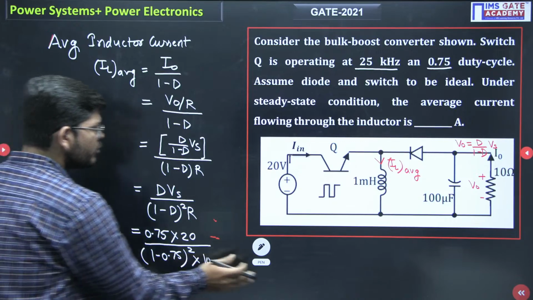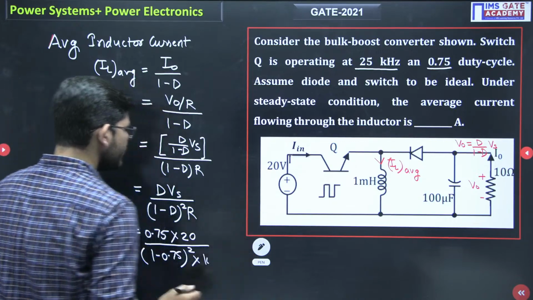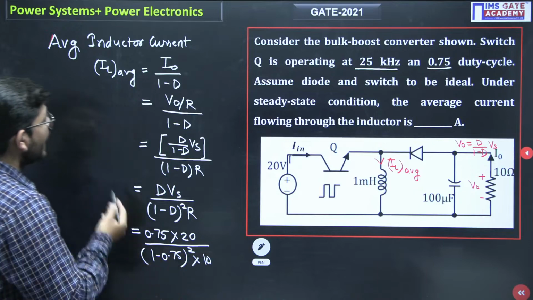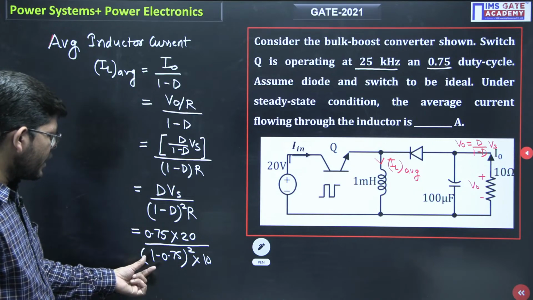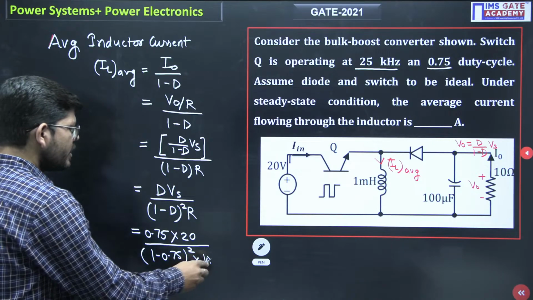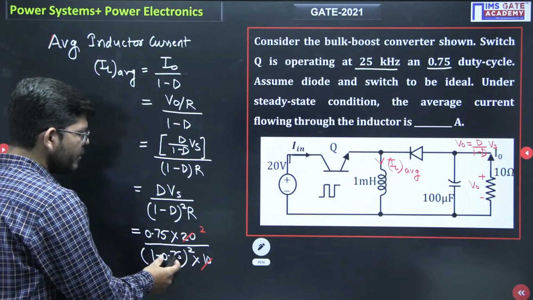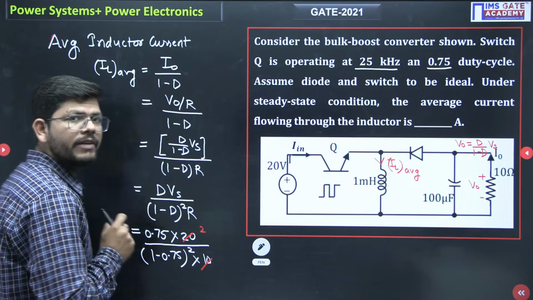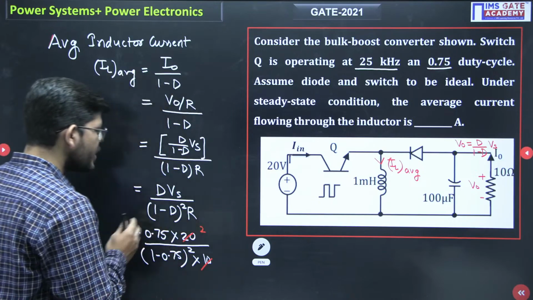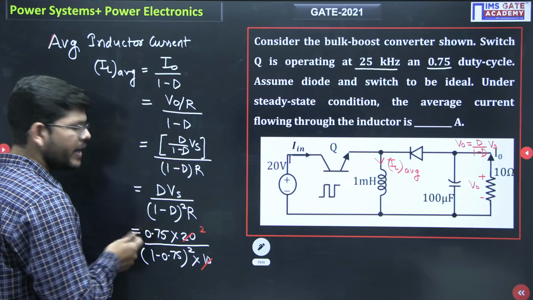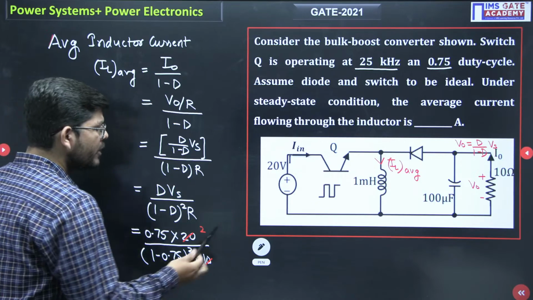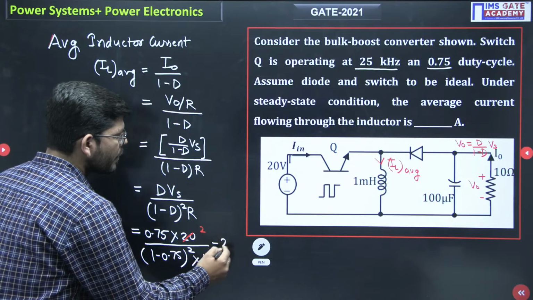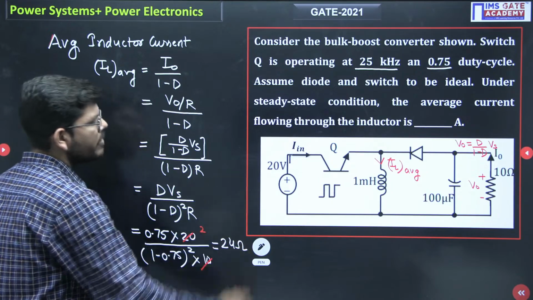When you solve it, we will get 2 here, and it will be 0.25 into 0.25. So 0.75 divided by 0.25 gives 3, and 3 into 2 will be 6. Then 6 by 0.25 gives us 24. So that will be the answer.